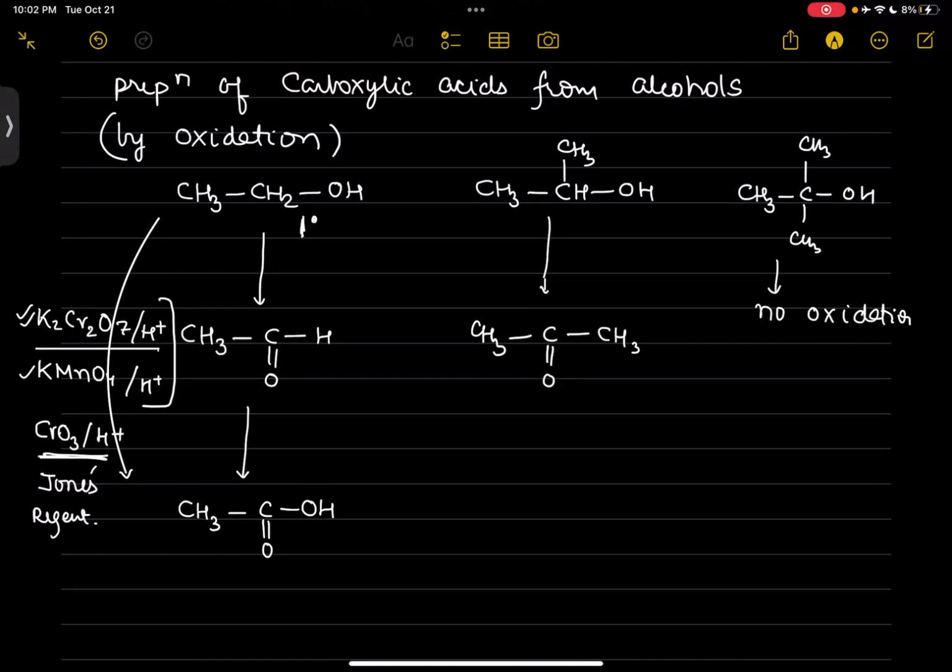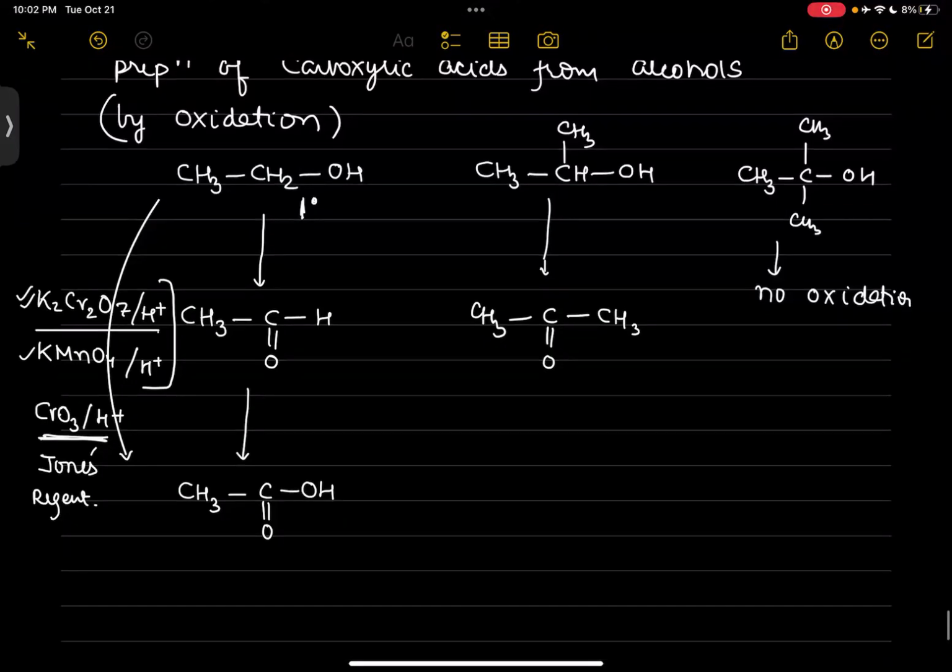Got it? So primary alcohol only can give us carboxylic acid directly. Secondary alcohol will not give us carboxylic acids directly. And tertiary alcohols have a very different kind of problem. They don't get oxidized.